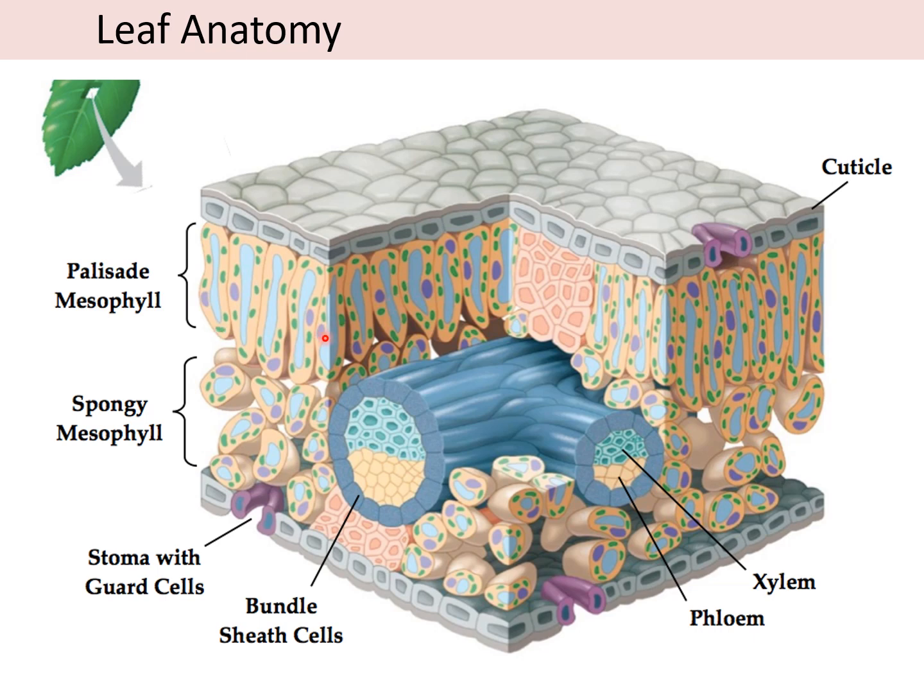Next to the palisade mesophyll, you can see many globular parenchyma cells arranged, but they don't pack like in the palisade, and there are many air spaces inside. So we call this spongy mesophyll because there are so many air spaces here. So there are two parts of mesophyll, palisade and spongy.